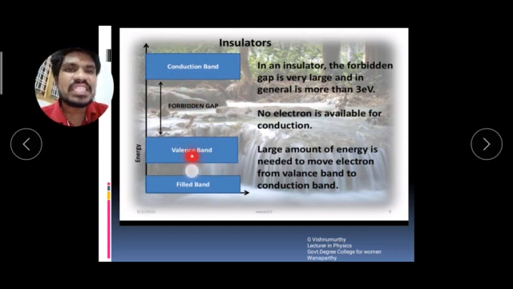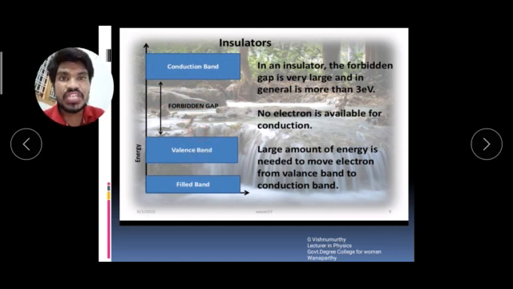For valency electrons to cross this gap, they need a large amount of external energy. When we give a large amount of external energy, the material will be spoiled or crushed. So when the forbidden energy gap is high, the material does not conduct current, because all valency electrons are present in the valency band and none reach the conduction band.